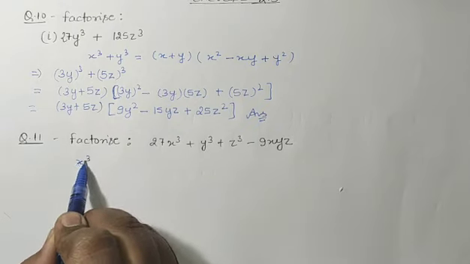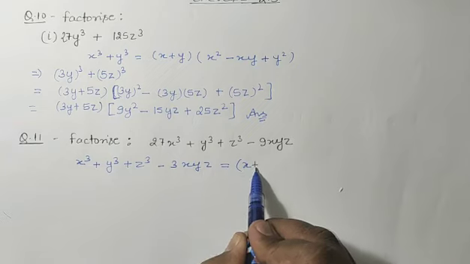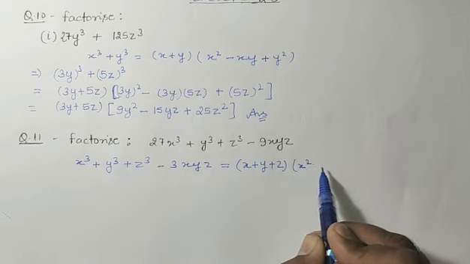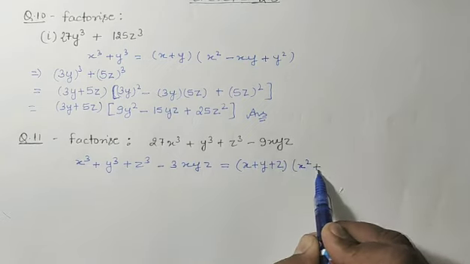In the first bracket it is x plus y plus z, and in the second bracket x square plus y square plus z square minus xy minus yz minus zx.